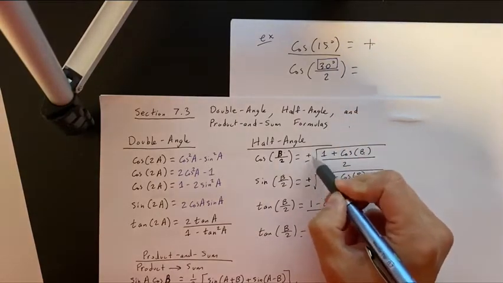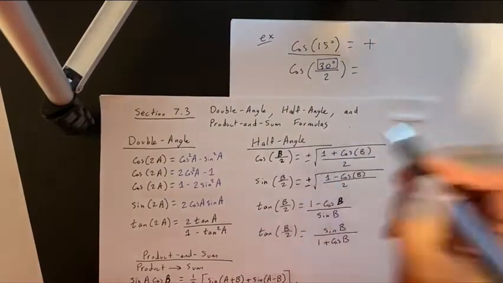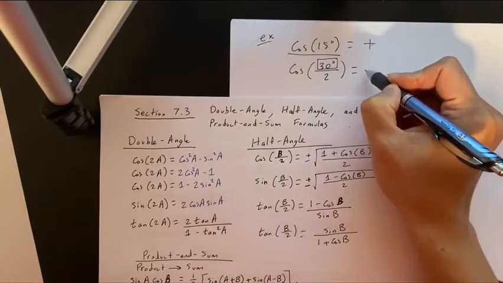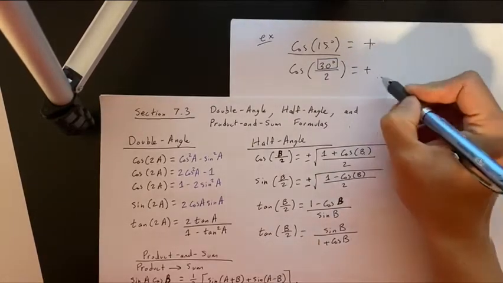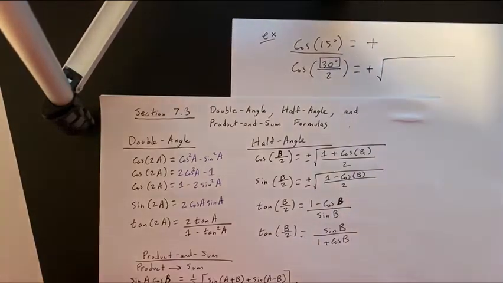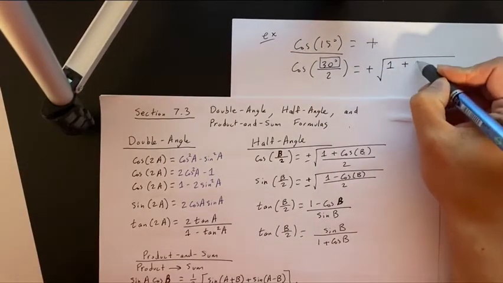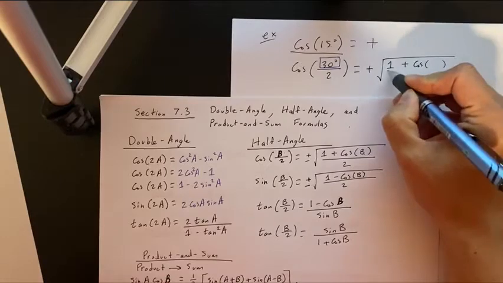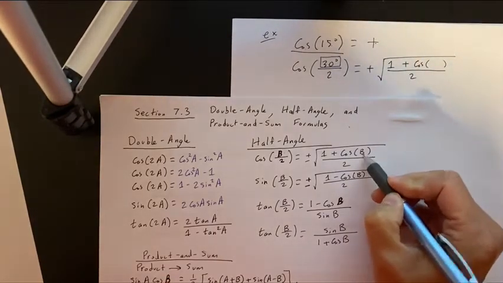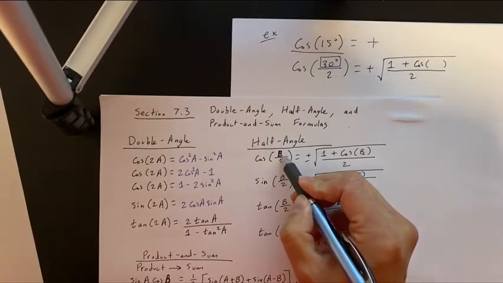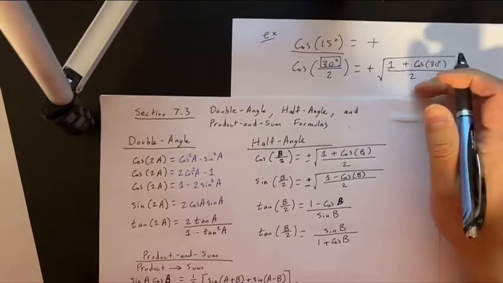Now this formula assumes that it could be negative or positive, but we already know it's positive, so we don't have to write that plus or minus. It's a plus. I'll just write that as a plus. And this would be 1 plus cosine of something over 2. What is that something? It's B. What is our B? 30. So 30 would go right there.